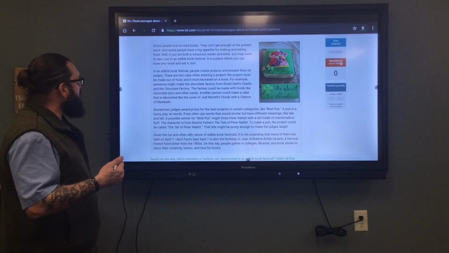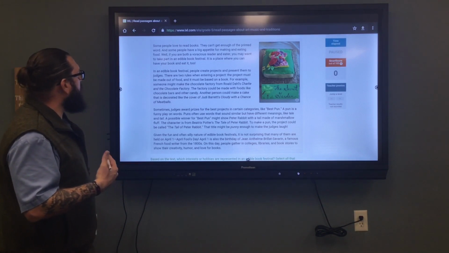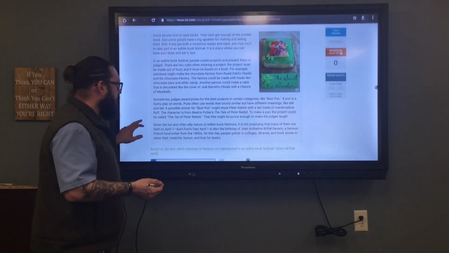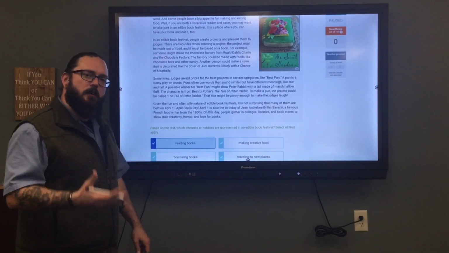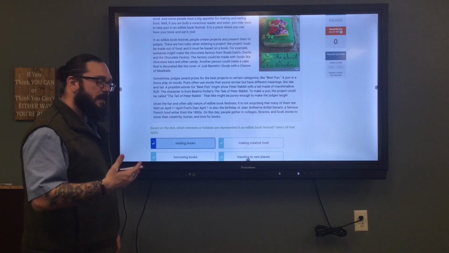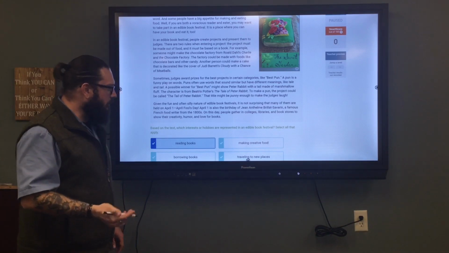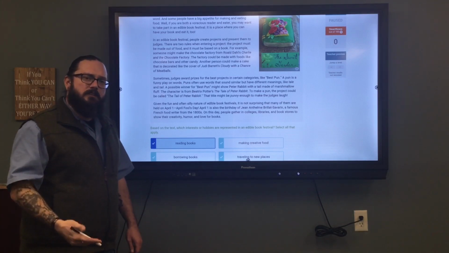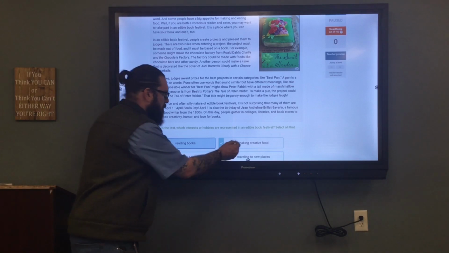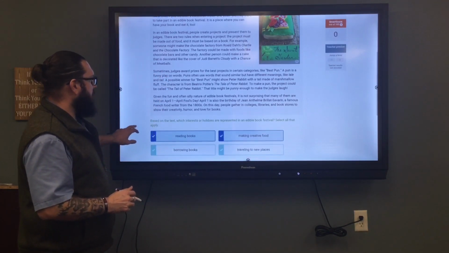It says that the 2 rules when entering a project: the project must be made out of food and it must be based on a book. So, making creative food is what these edible book festivals are all about. It gives people an opportunity to show culinary creativity while also expressing their love for a particular book. So making creative food is represented in this passage.